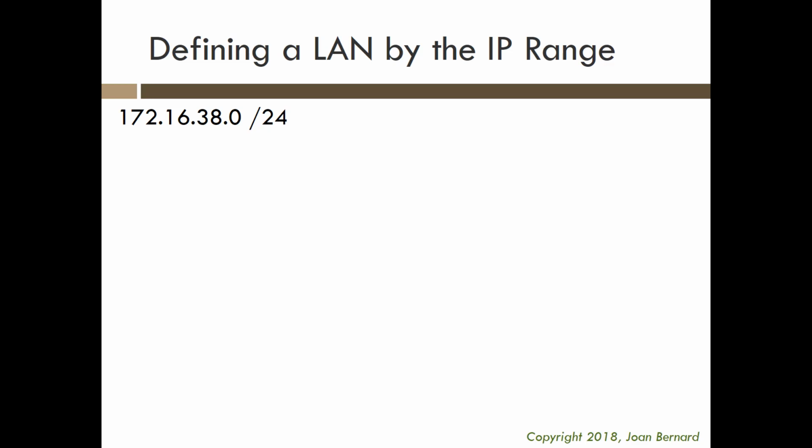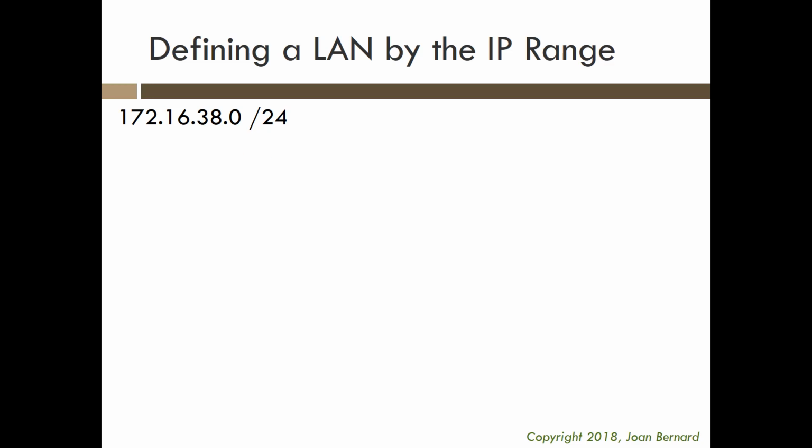We know that a network, subnetwork, or broadcast domain can also be defined by an IP address range. Let's take a look at the IP address range 172.16.38.0/24. The /24 defines the network.